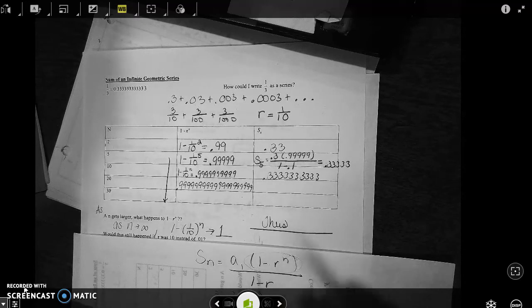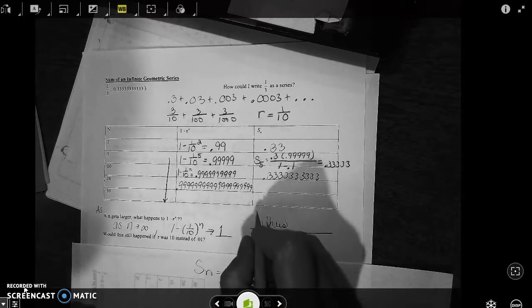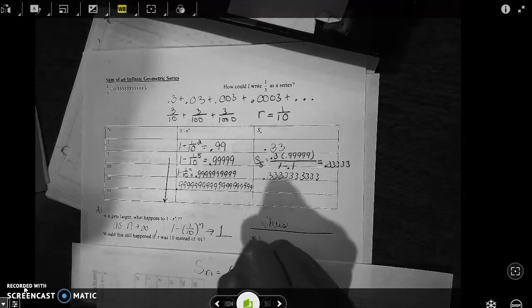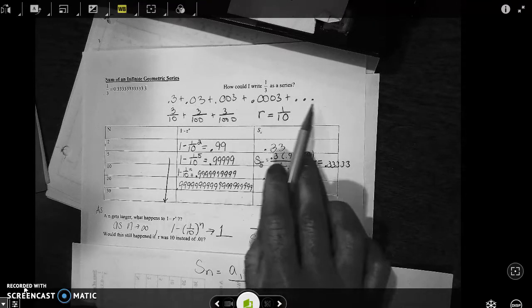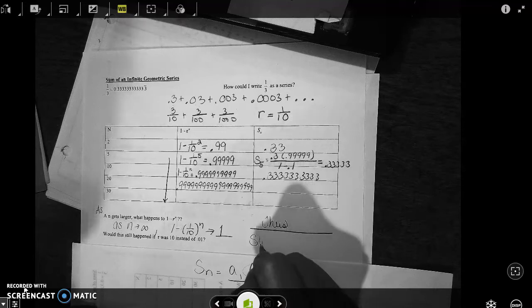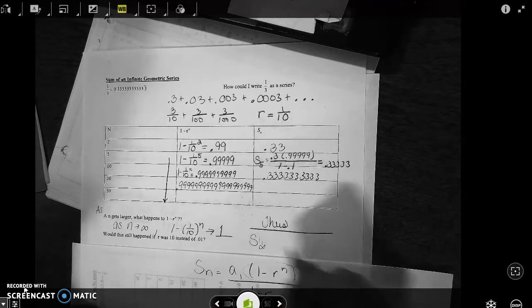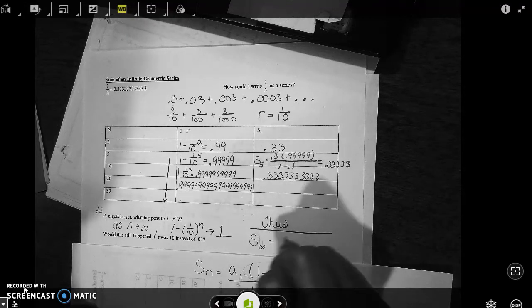So what ends up happening then is that as we're adding more and more of these together, if we were to add every single one of these together, our sum of all of them, notice I put infinity there.